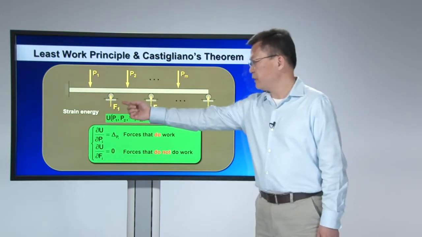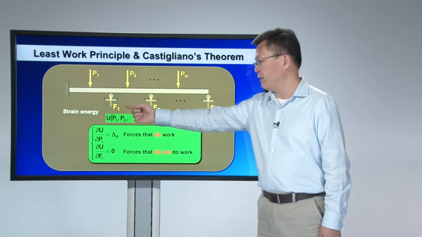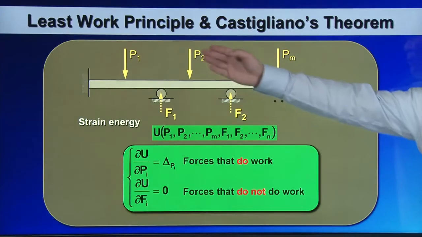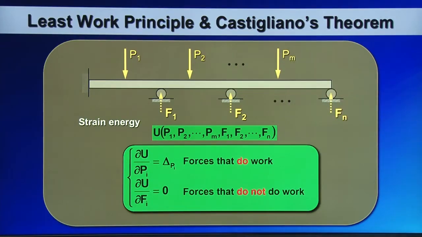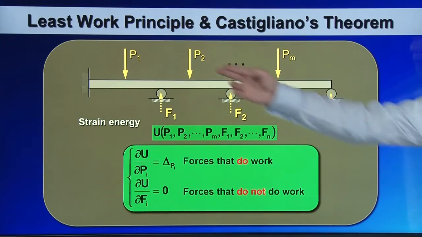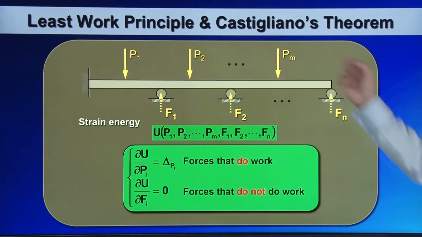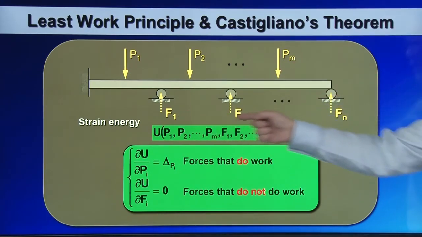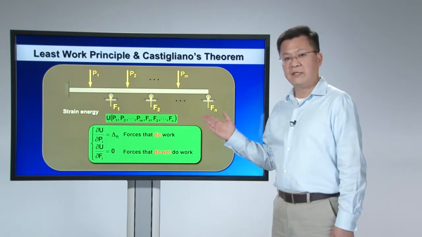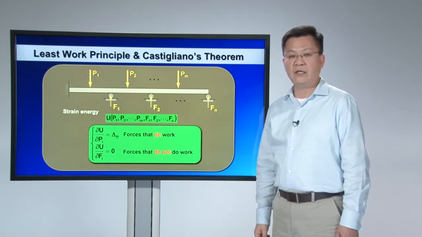The reactions from the roller supports are labeled as F1, F2, etc. External forces are P1, P2, etc. So you can establish the strain energy expression, which will be a function of external force P as well as reaction force F. It depends on whether that particular force will do work on your structure.